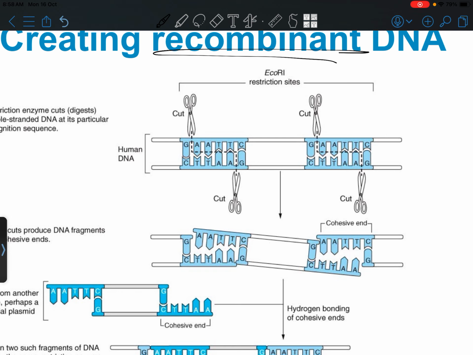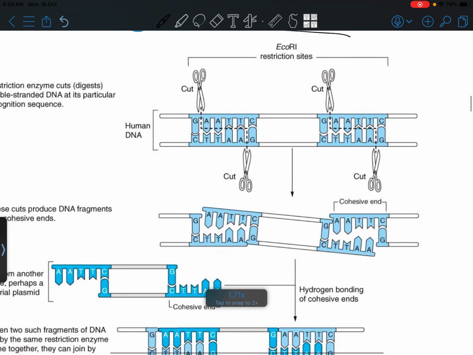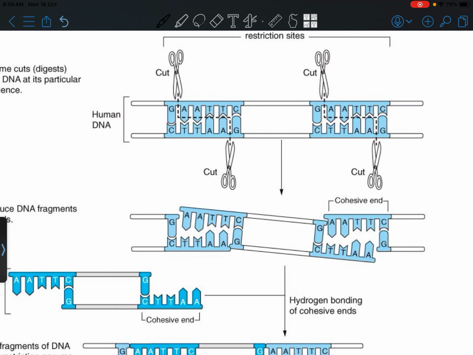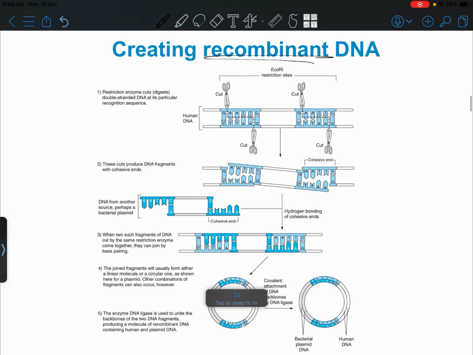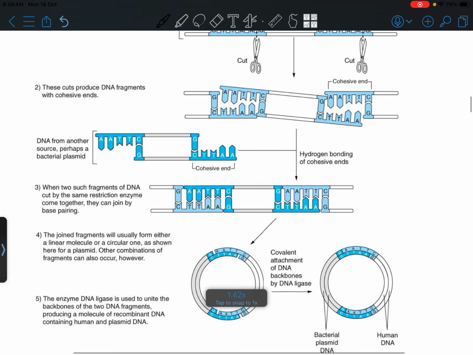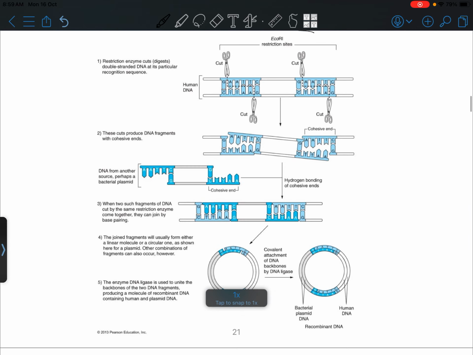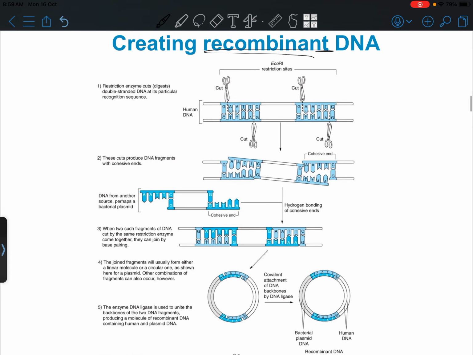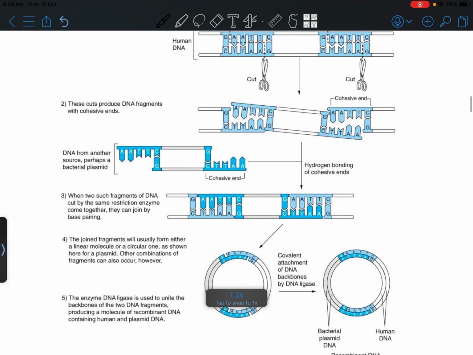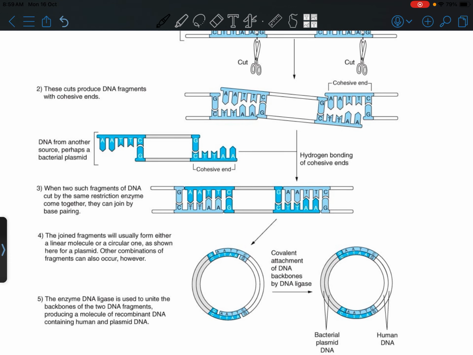This piece in the middle is the one we want to clone into a plasmid. The plasmid also must have the same cohesive ends. So now we have two cohesive ends on the human DNA, two cohesive ends on the plasmid, and these two DNA fragments have compatible or complementary cohesive ends.